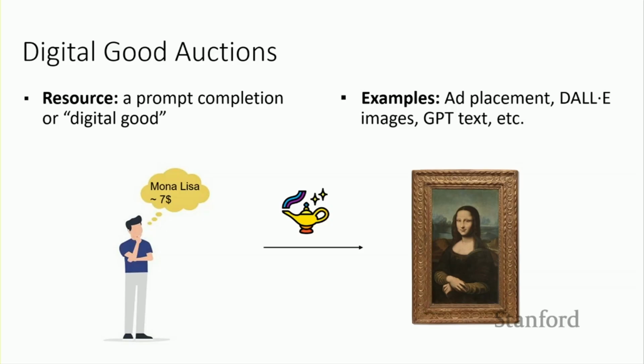This is not how it's done now, by the way, as all of you know. Right now, it's all fixed price, no auctions. But you can imagine perhaps economic incentives lead to variable pricing for prompt completions, and a reasonable way to go about this might be something like an auction.